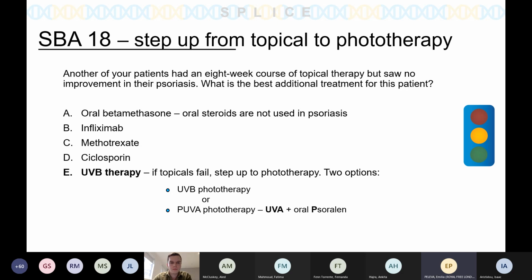So if someone's got, for instance, and we use it for eczema as well, just hand or foot, very localized, hand and foot psoriasis or eczema, we use topical psoralen and UVA, and they just put their hands, kind of like when you go get your nails done, just under a UV light. But there are specific cases, so most of the time we use UVB. Okay, cool. I think that distinction is beyond the scope of our exams, but that is interesting to know.